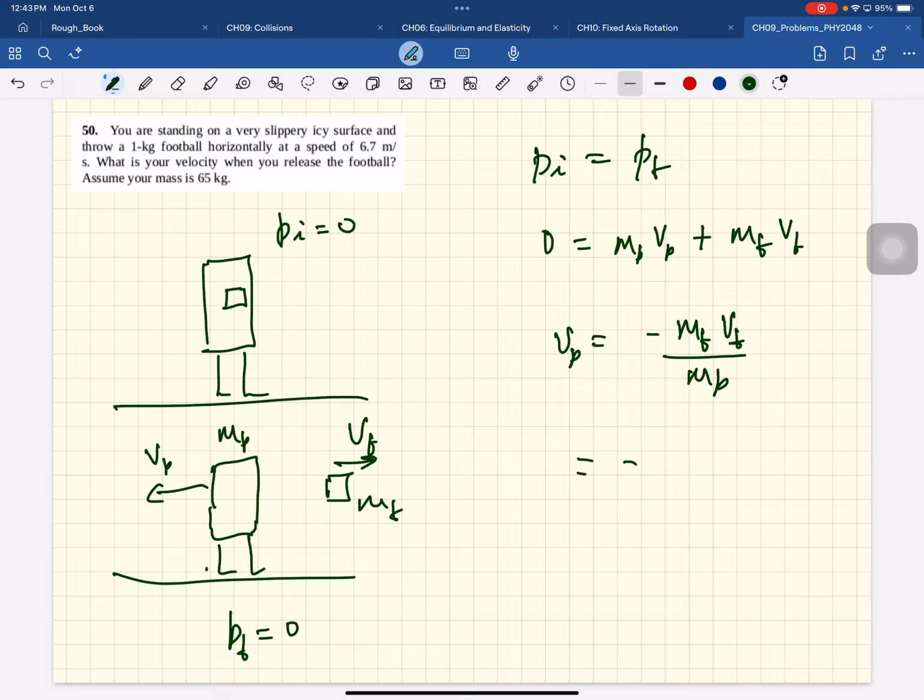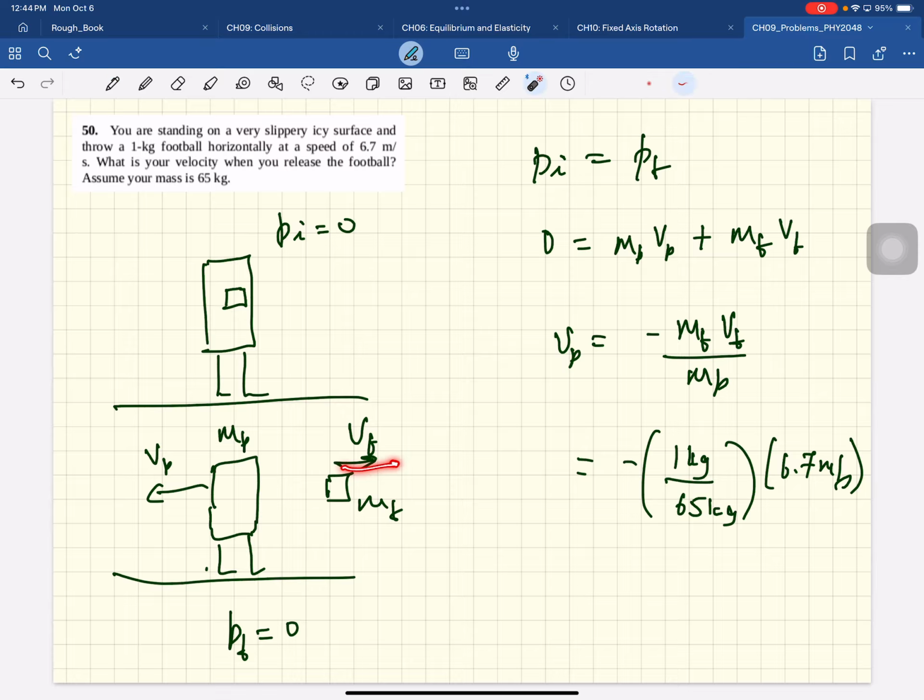All right, so mass of football is 1 kg, 65 kg, and 6.7 meters per second. So if this velocity is positive, this velocity will be negative, and there's the negative sign. So it's 1/65th the velocity of the football.